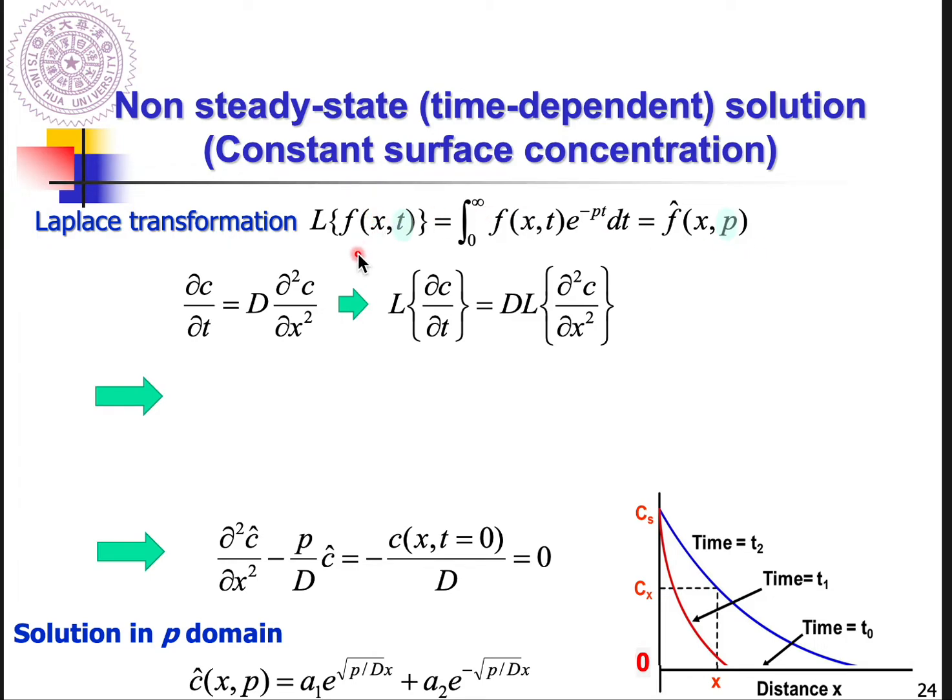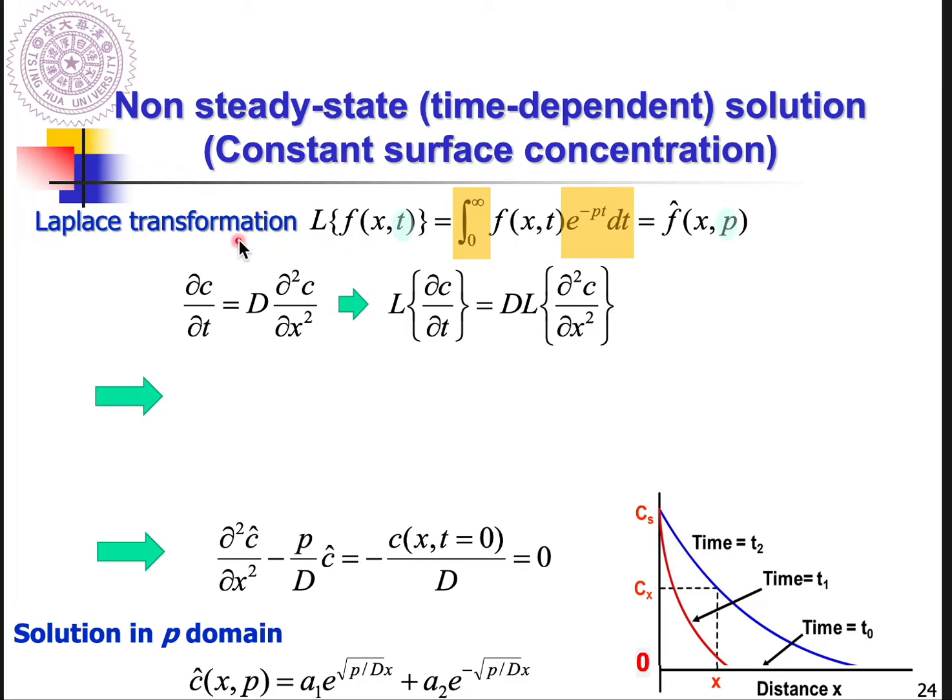And how do we Laplace this function f? We just simply multiply by the exponential of minus pt and integrate along dt from 0 to infinity. This is the definition of the Laplace transform of the function f.